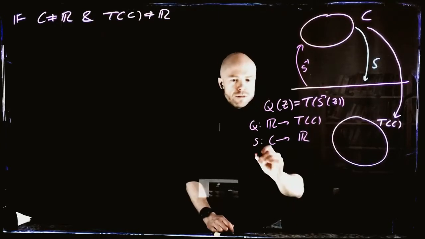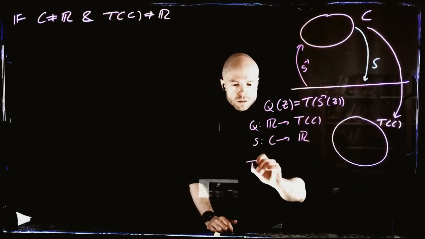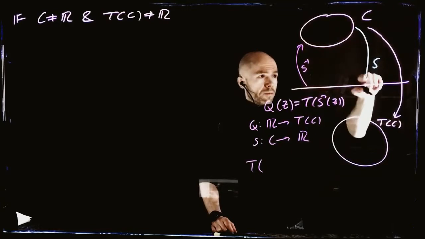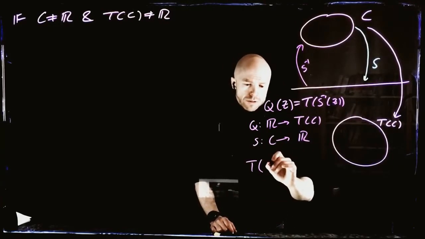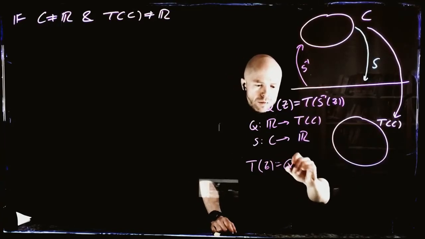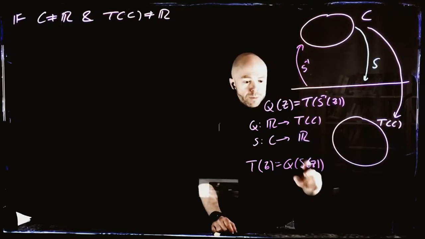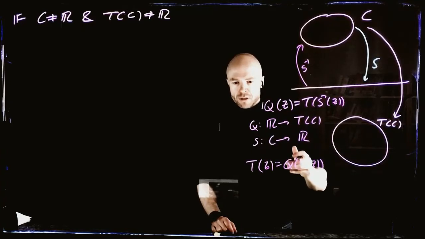The way we set this up is that we have our mapping that we're actually interested in, T. T is what happens when we map with S and then map back with Q. So we have T of Z equal to Q of S of Z, just by the way this thing is defined. If you just stick S of Z into this, you get T of Z.